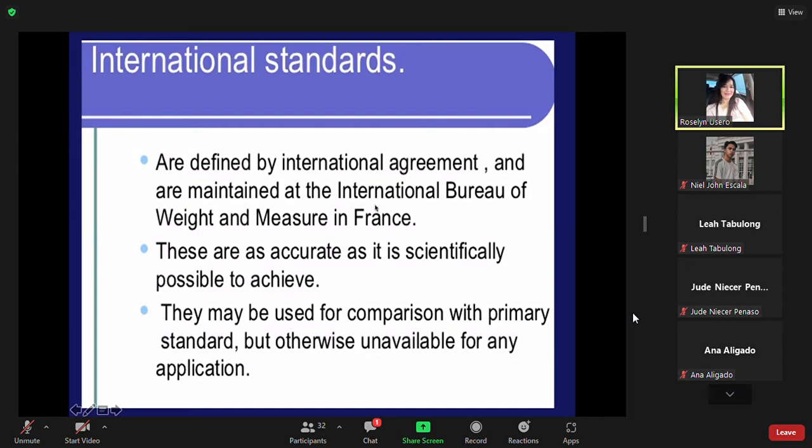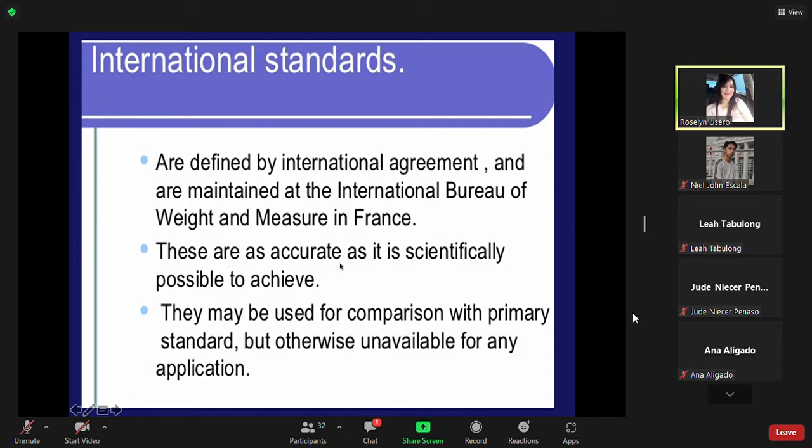One best example is the reference set of weights, the mother of all sets of weights. It is the reference for all weights, so it is classified as an international standard.